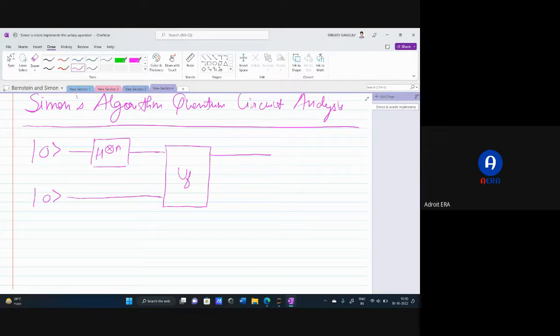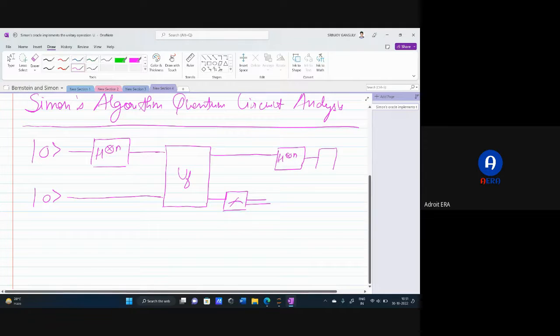Here you can already take the measurement of the second qubit and make it collapse. This is a bit different. Then you again apply the Hadamard and the measurement. You will observe this is very similar to what you have done, but the only thing is that now you are applying another measurement on the second qubit to make it collapse.